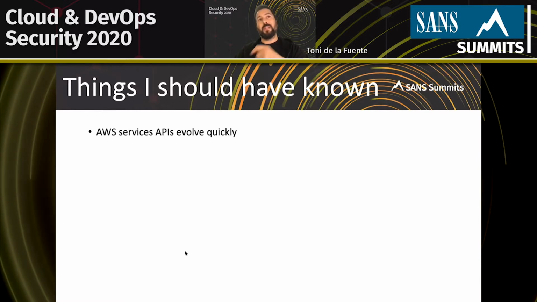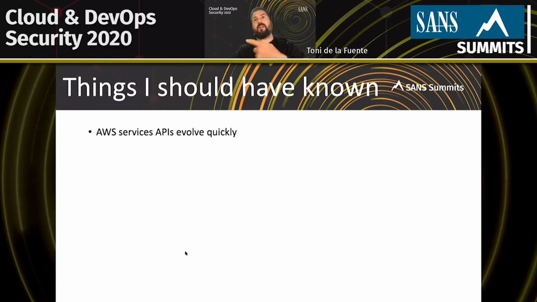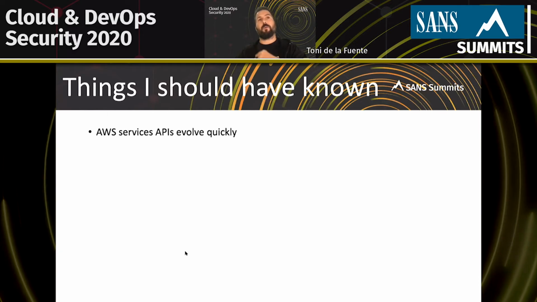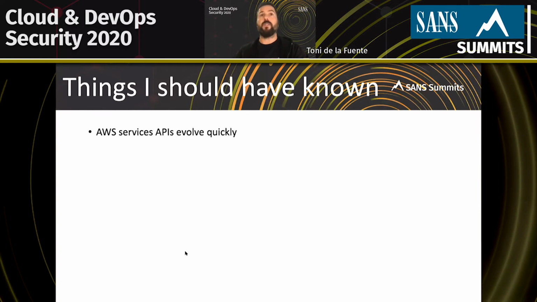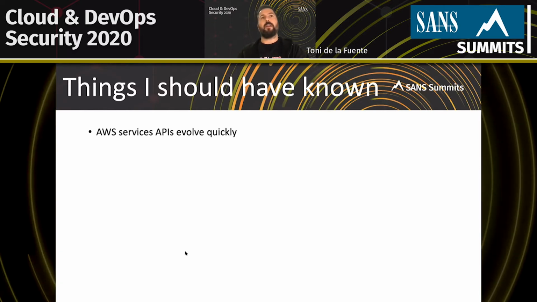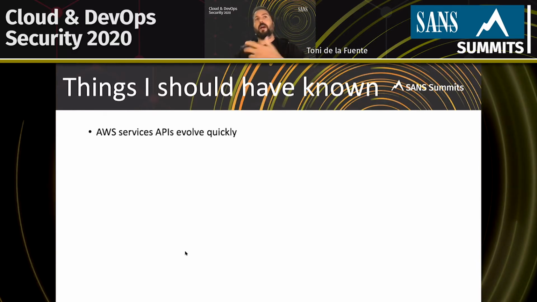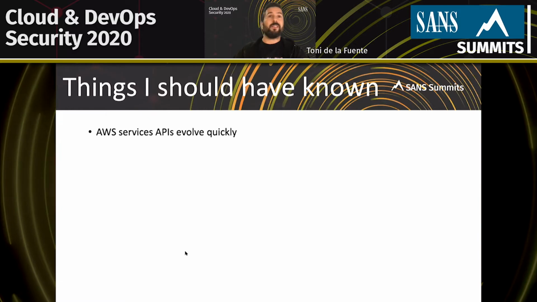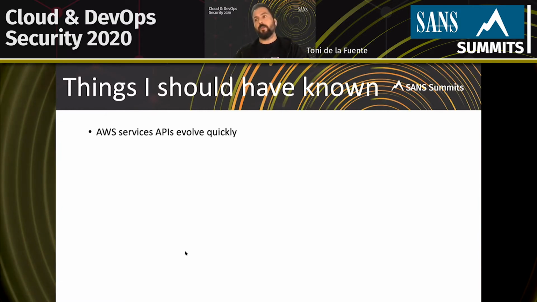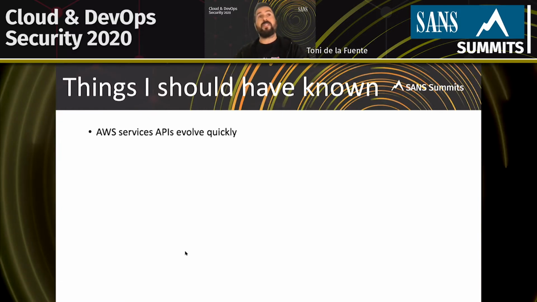And through that exercise of learning the services and the responses from those services, when you ask for the security groups configuration or NACLs or whatever, it is not the same as doing the query to Redshift, for example.